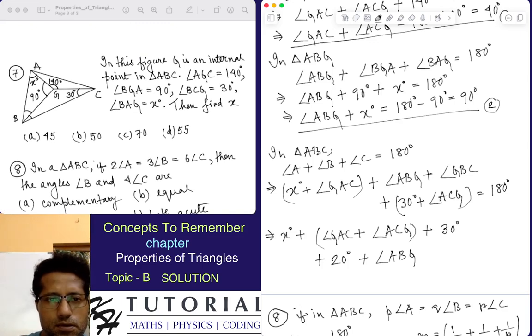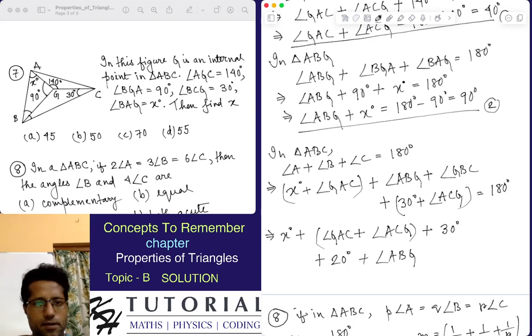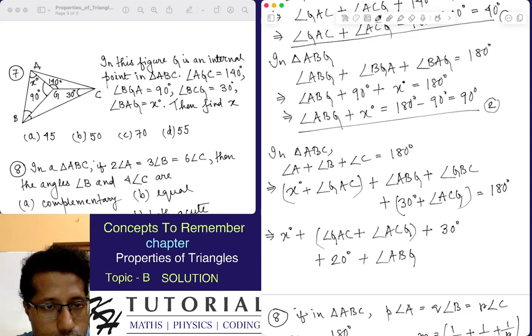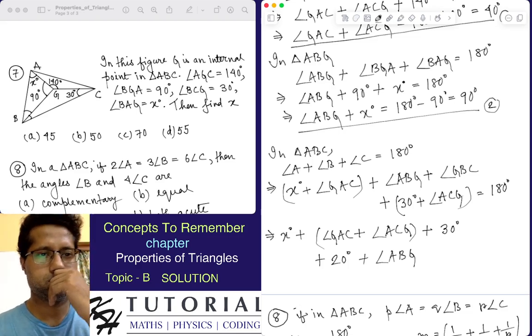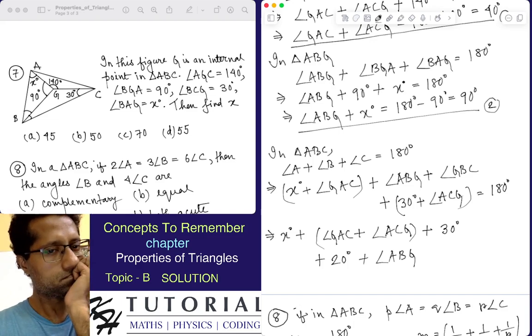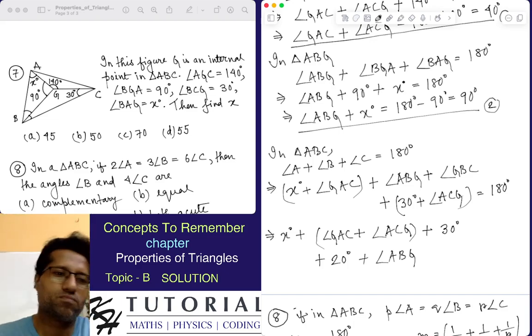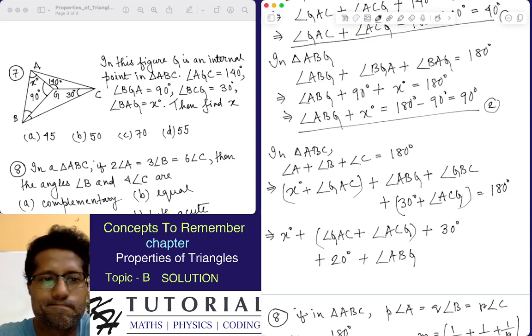If AG is equal to GC, then we can find the individual angles GAC and ACG. X plus angle ABG is 90 degrees.